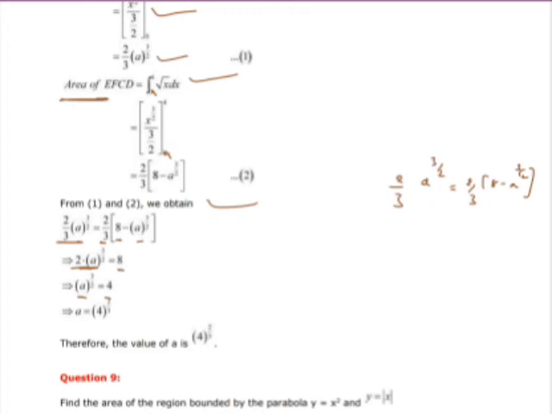So when we take a to the power of 3 by 2, if we cancel 3 from the denominator, it is 2 cube, it means 2 to the power of 3 by 2 also.